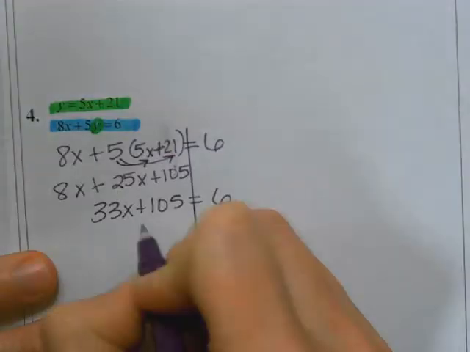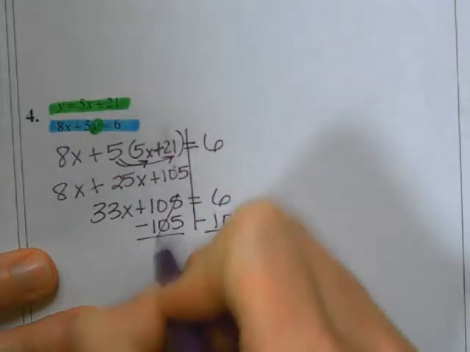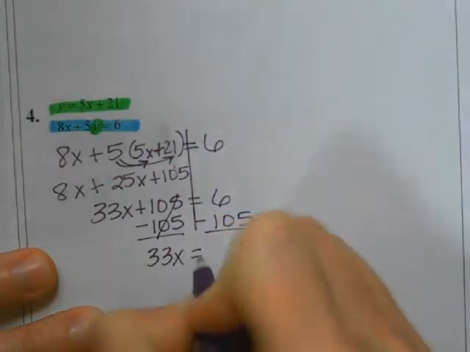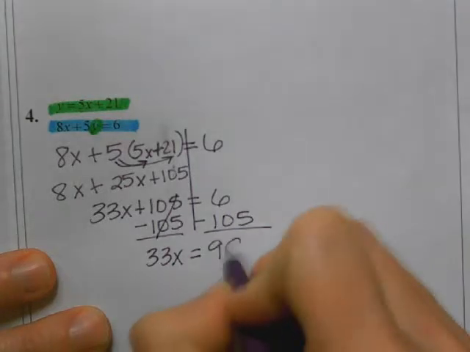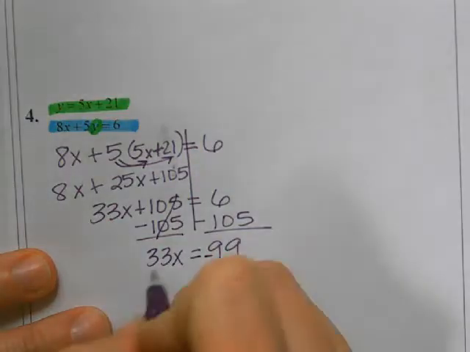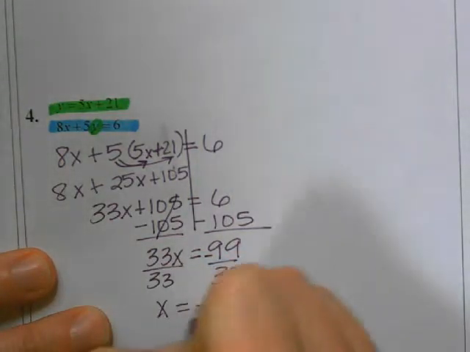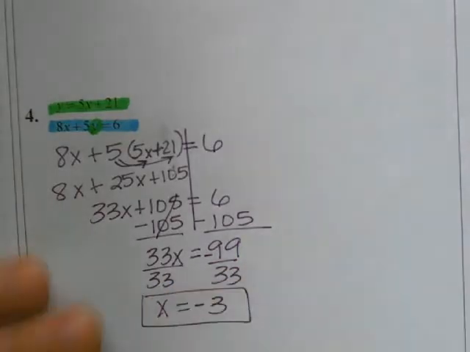And then we're going to subtract. 33x equals 99. And it's a negative 99. And now we're going to divide by 33. So x equals negative 3.